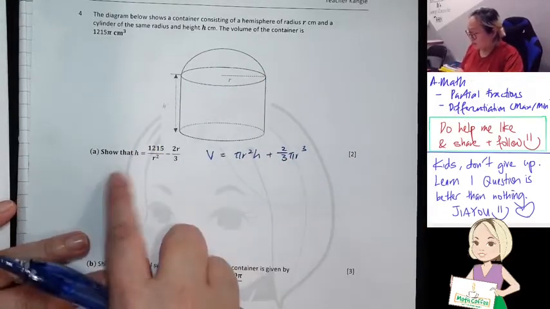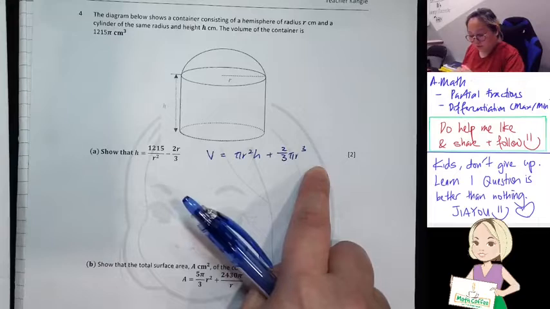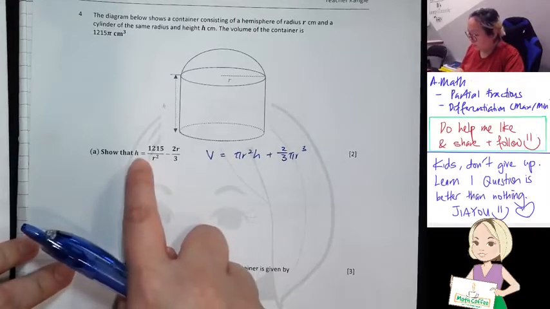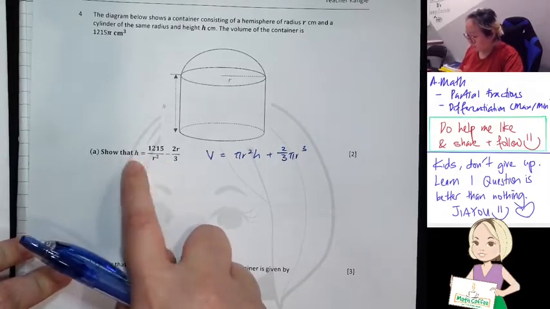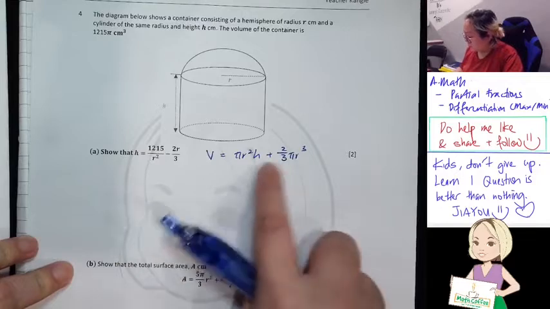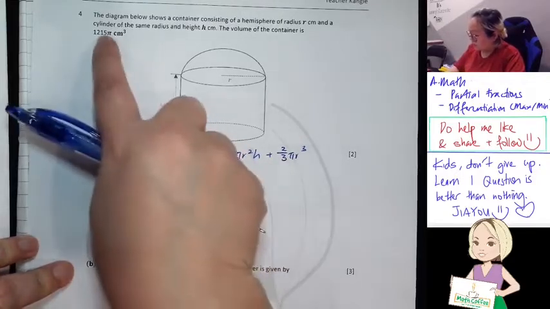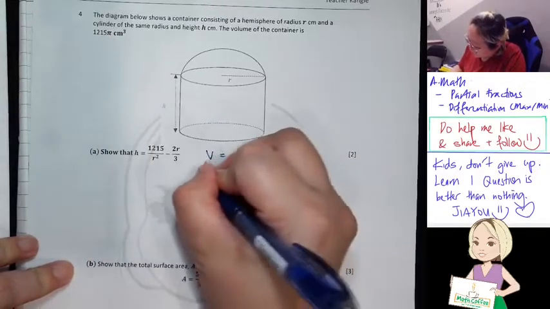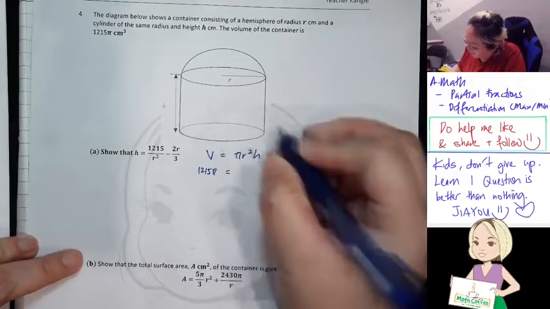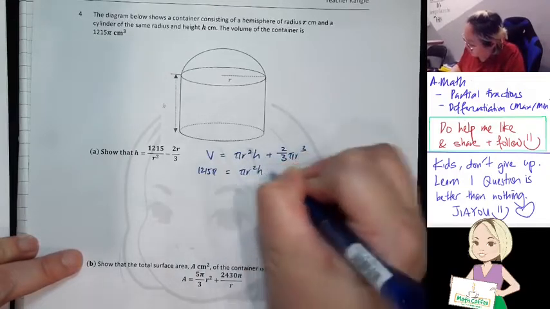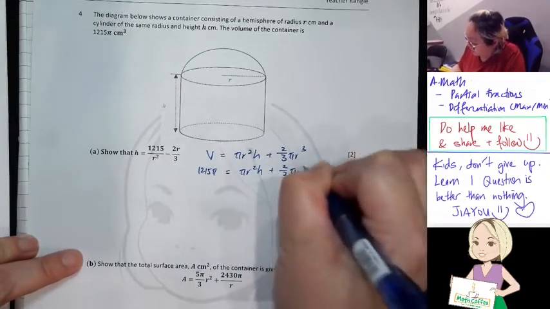Next, you are supposed to make h in terms of r. So fill in your 1215 first. It will be 1215 pi equals pi r square h plus 2/3 pi r cubed.